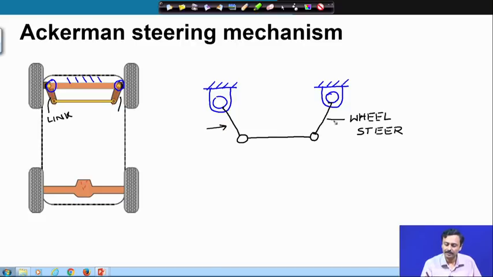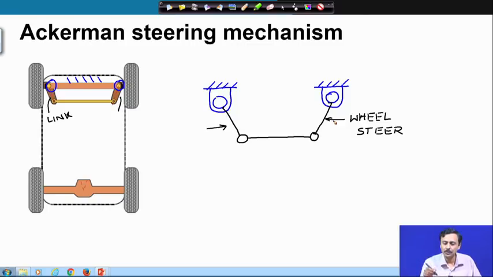This and this, they are connected to the wheel, but we are not going to draw the wheel. Our mechanism is this. The Ackerman steering mechanism is what I have shown you. So, this is the kinematic diagram of the Ackerman steering mechanism.